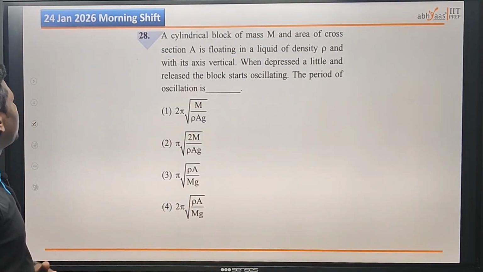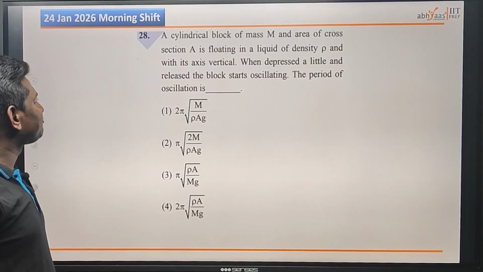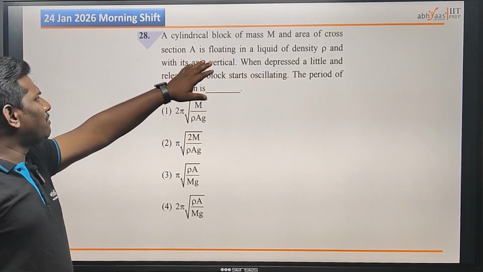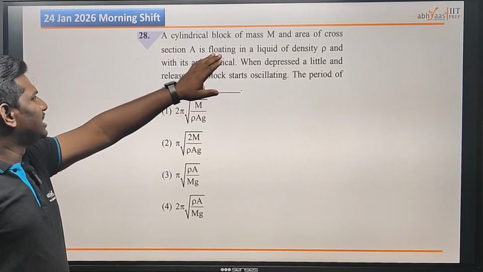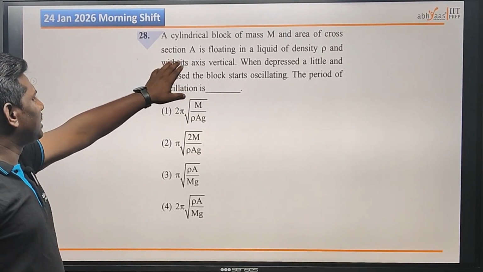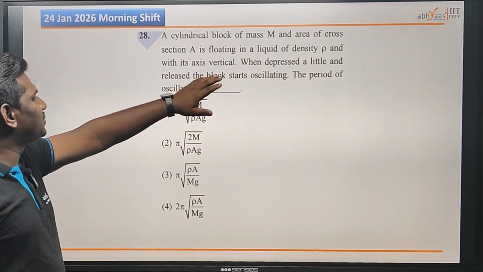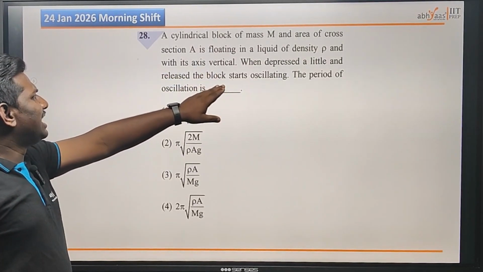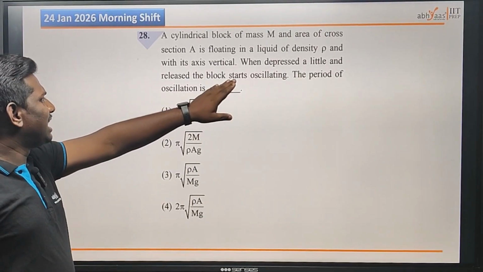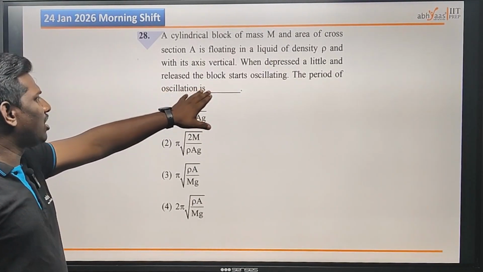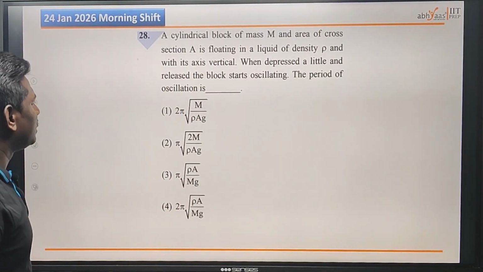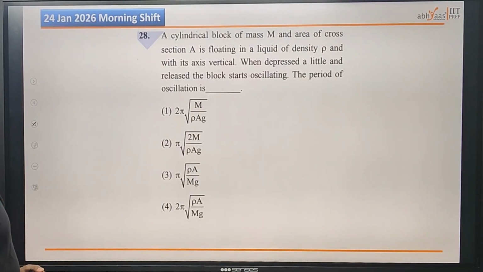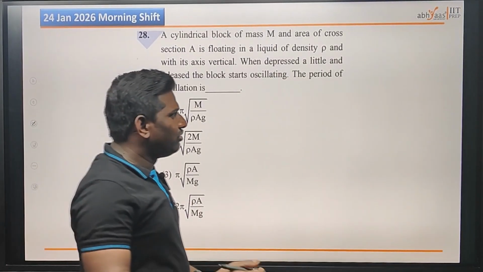So next question, question number 28. A cylindrical block of mass capital M, area of cross section A, is floating in a liquid of density rho with its axis vertical. When displaced a little and released, the block starts oscillating. Find the time period of oscillation. What are they asking?